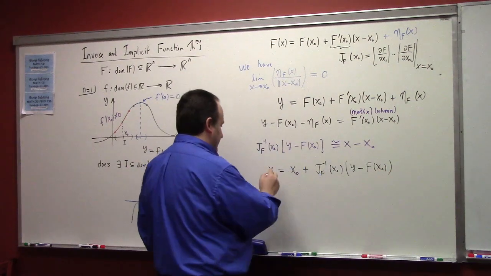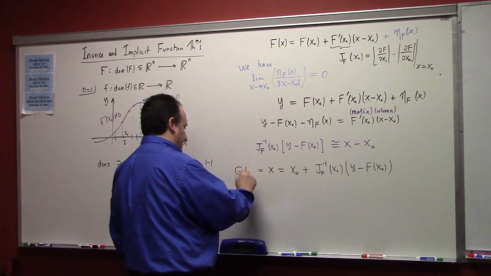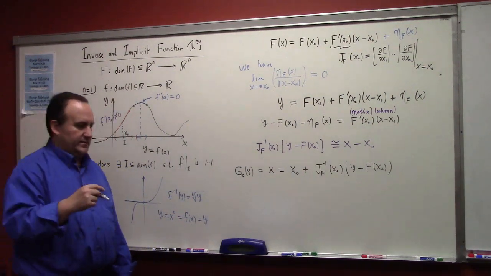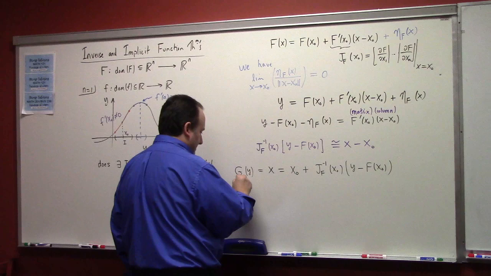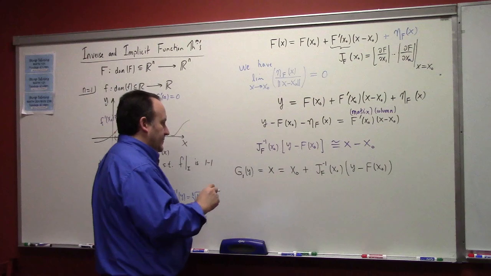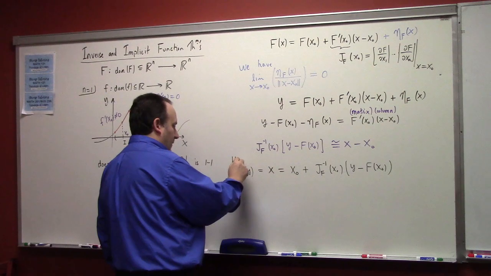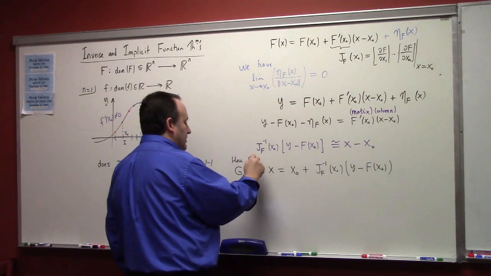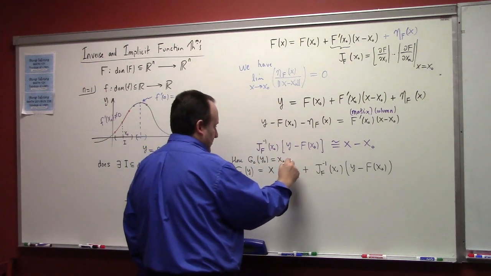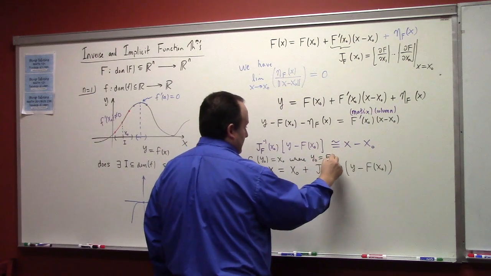And we could define this to be g sub 1. Because we would probably want to say g sub 0 of y naught is equal to x naught, where we would naturally define y naught to be equal to f of x naught.